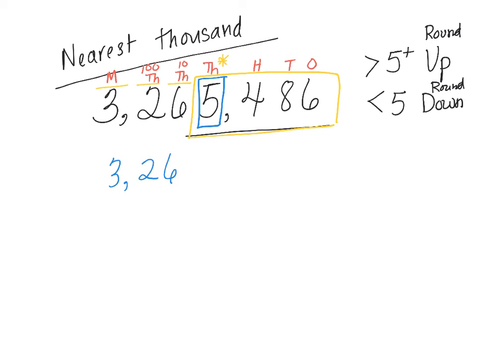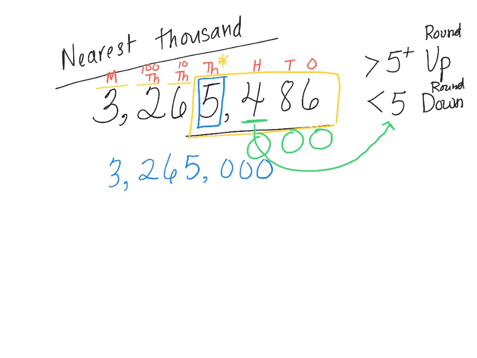So, again, I'm going to look at the digit to the right. Since this digit is less than 5, I'm rounding down. Therefore, this 4 will become a 0, this 8 will become a 0, and the 6 will become a 0 as well. So my 5 will remain, and the rest of the digits will be 0, 0, 0.